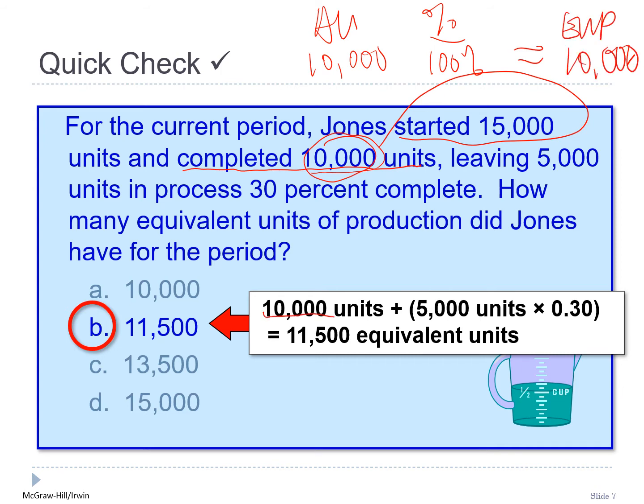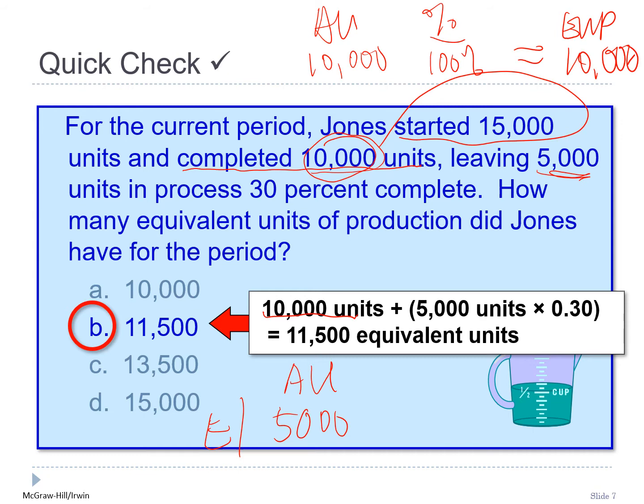Kaya, 10,000 to. Pero pagdating doon sa ending inventory, remember, 15,000 yung ina-account natin, 10,000 completed. So, ibig sabihin, yung 5,000, di pa complete. Kaya nandun siya sa ending inventory. Pero itong 5,000 na to, ulitin ko lang. So, ang actual units is 5,000. Ending inventory yan. Kasi hindi siya complete, therefore, nandun pa rin siya sa department na yan.